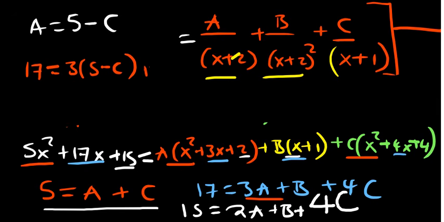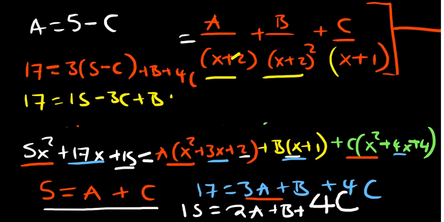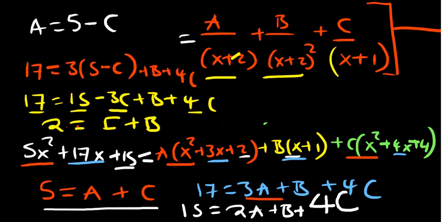plus b plus 4c. If you expand that, you have 17 equals 3 by 5 is 15 minus 3c plus b plus 4c. Collecting the like terms, 17 minus 15 is 2. Negative 3c plus 4c is c. Plus the middle term b.